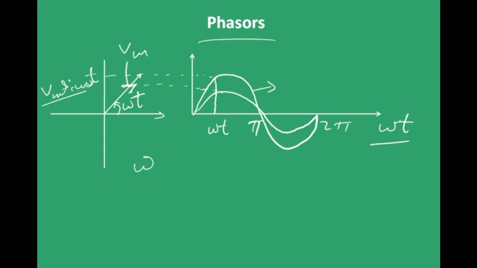Say this is my current value, so the perpendicular component will be this one, which is nothing but Im sine omega t, or Vm by R sine omega t. And these two vectors are parallel here because the voltage and current are in phase. Otherwise, they wouldn't have been. You'll understand it better when you deal with some circuits where you have capacitors and inductors involved.